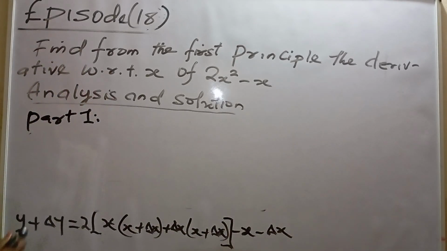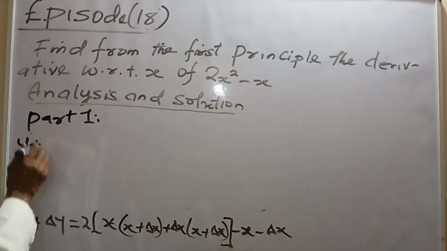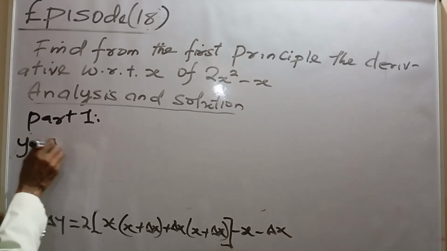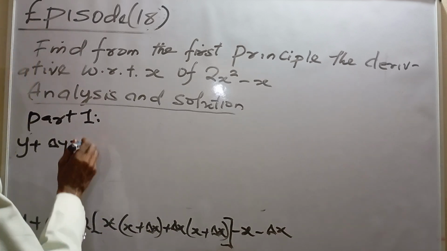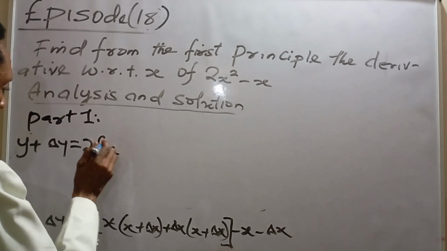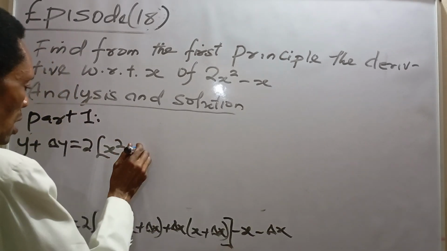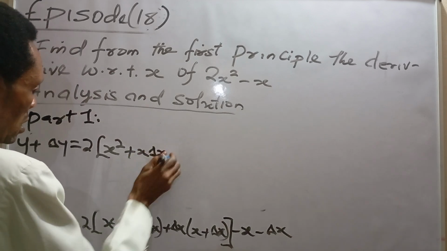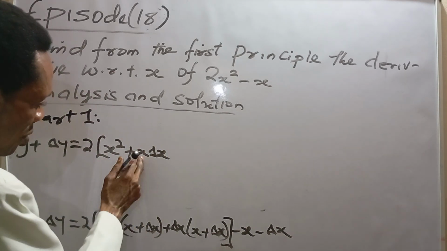Which is y plus delta y equals 2 open bracket, x times x will give you x squared, x times delta x will give you plus x delta x.